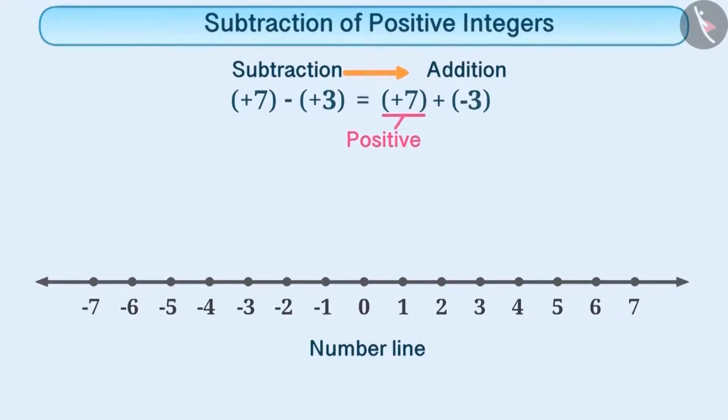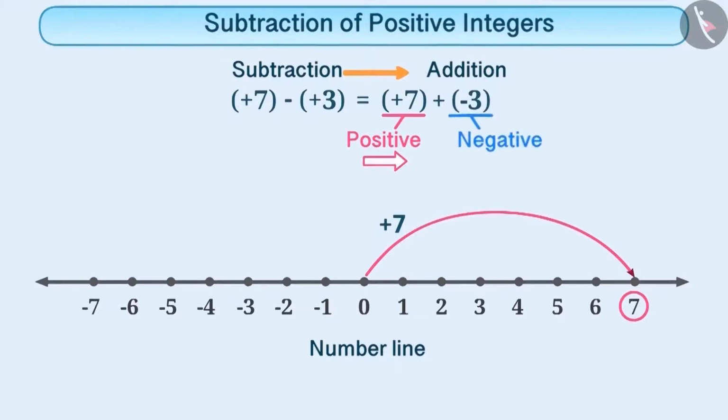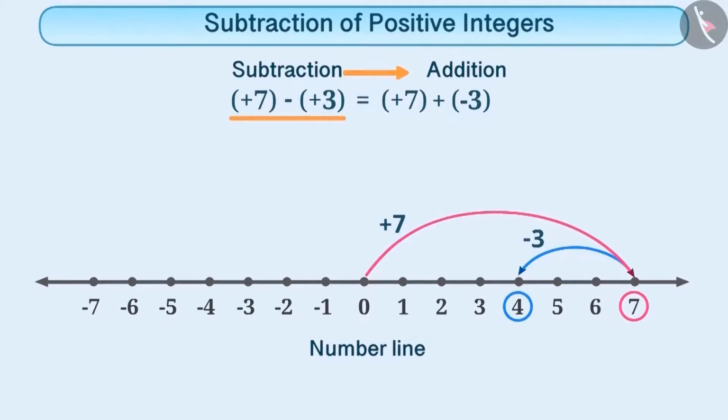Since this is a positive integer, we will move 7 steps to the right of 0. By doing this, we will reach the number +7. The other number is -3. Since this is a negative integer, we will move 3 steps towards the left. Thus, we reach +4, which is the result of subtraction of +7 and +3.